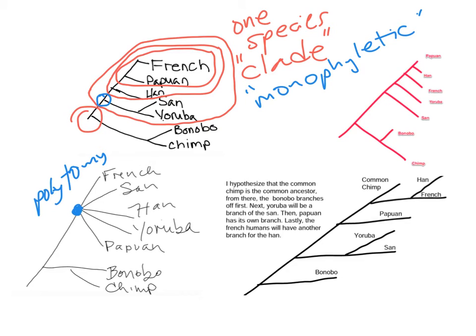So can you envision, maybe, what this means for human evolution, if this hypothesis is correct? You've got one group, at this point in time, the blue dot, common ancestor of all current human populations. What happened?